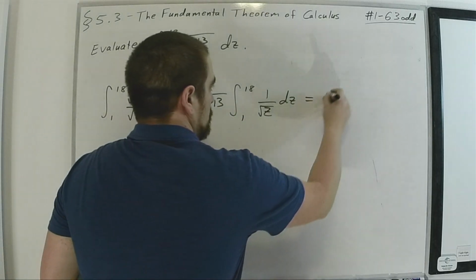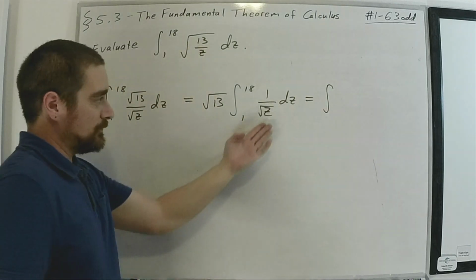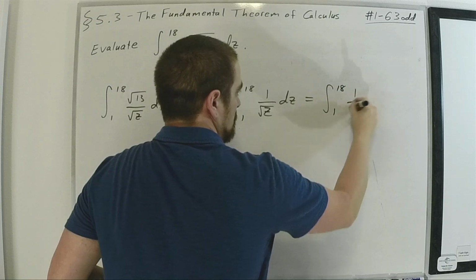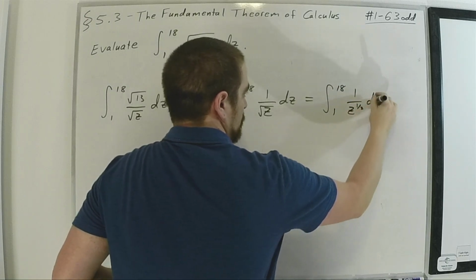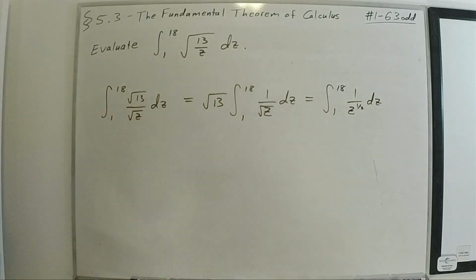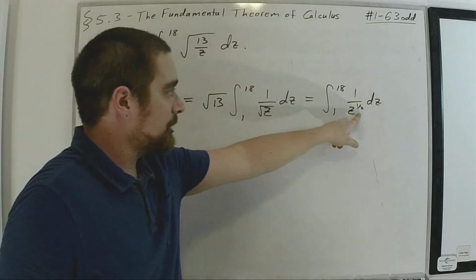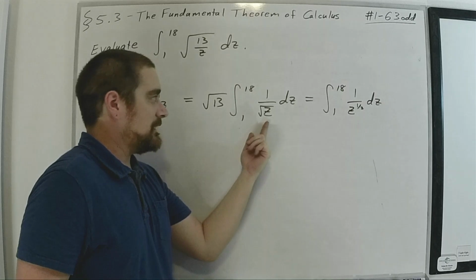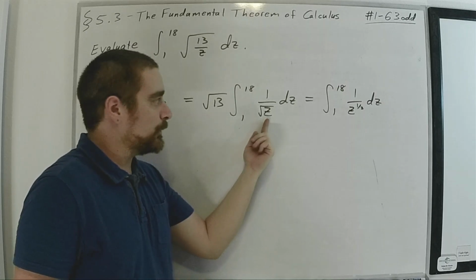This also, when I look at it, I have to come up with some sort of general antiderivative for this 1 over square root of z. Remember that notation with the radical bar like that, not helpful. We want to see a power because we want to find a general antiderivative. And again, don't you dare tell me that this is log of square root of z.